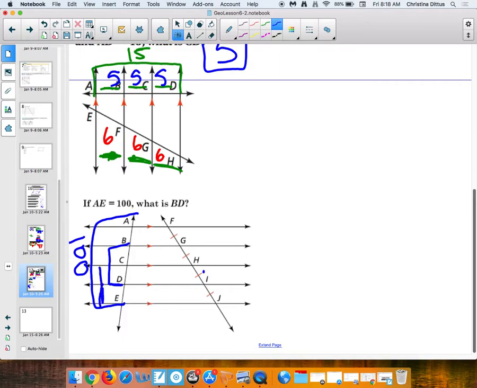I have 1 here, 2, 3, 4. So just because there's 5 letters, there's only 4 parts. So each is 25. So 25, 25, 25, 25. So how big is BD? 75. What? 50. BD is just 2 of them, buddy.